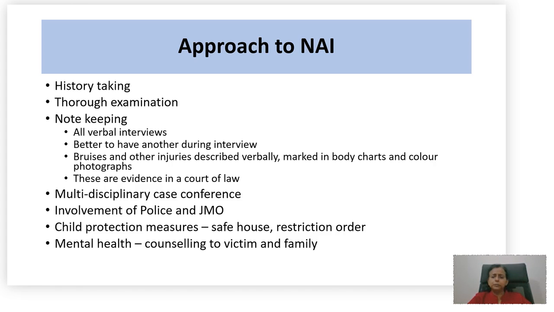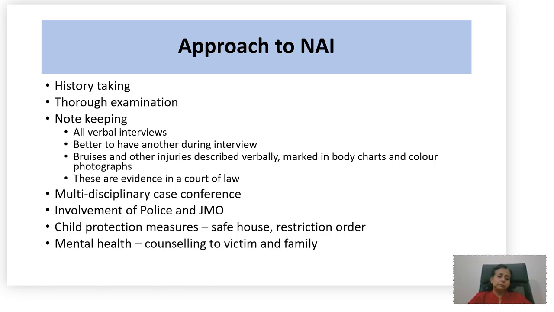And then, of course, the probation department will start the child protection measures, whether to remove the child from the home and put the child and the parent or whoever into a safe house, or a restriction order or whatever.